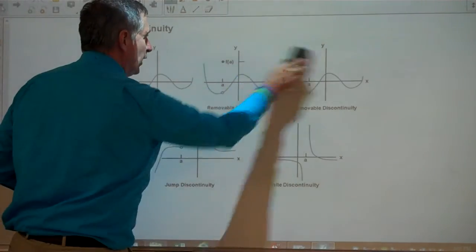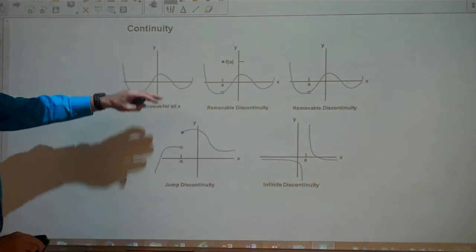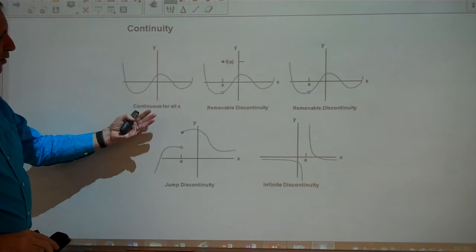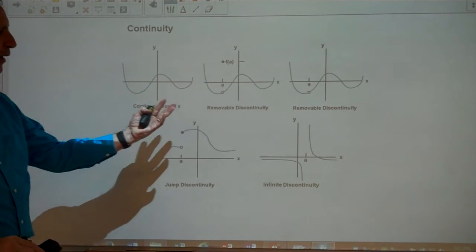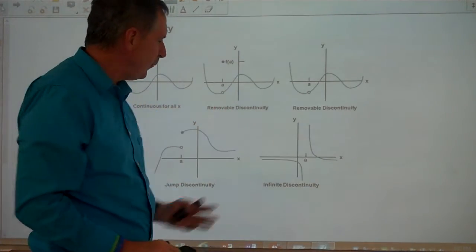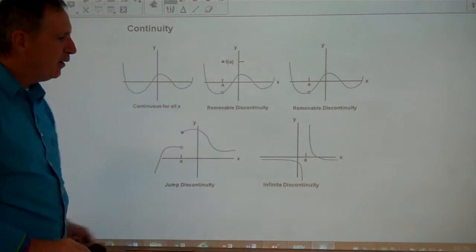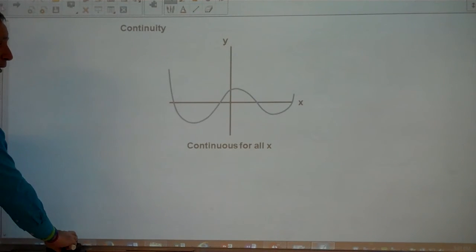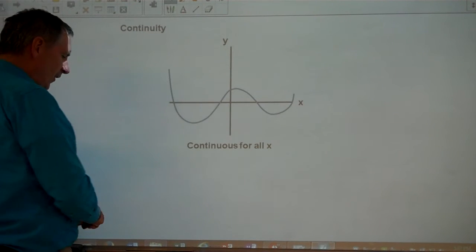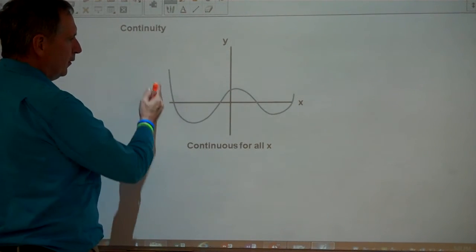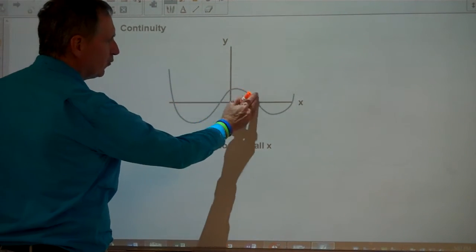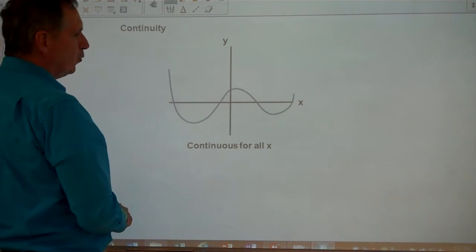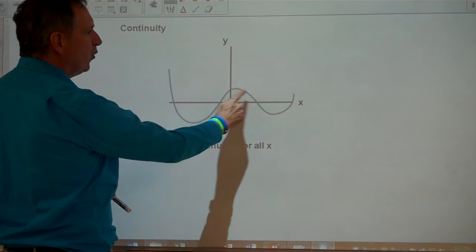Next, continuity. And here is a shot that shows 5 different possibilities for continuity. Continuous, a function continuous for all x, a removable discontinuity, another example of removable discontinuity, a jump discontinuity, an infinite discontinuity. And we're going to break these down and look at them in more detail. Continuous for all x, meaning that from -infinity up to not including positive infinity, we have continuity all the way.